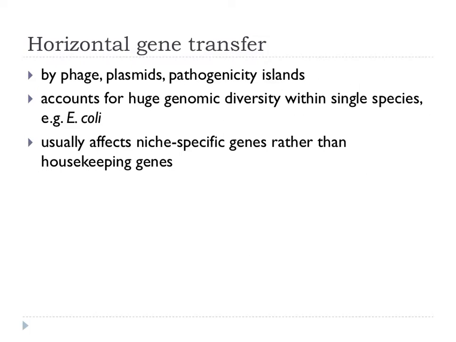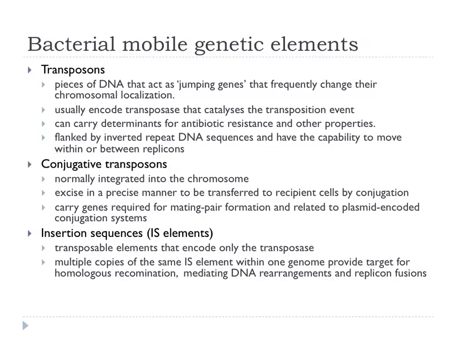So if we say all E. colis need to have a ribosome, all E. colis need to have RNA polymerase, and so forth, and all E. colis need to make components of their cell wall in the same way. But some E. colis might be adapted to one particular niche, the ones that want to cause urinary tract infections, let's say, or the ones that cause infection in the gut or invade and so forth. And those niche-specific genes are what we find in this horizontal component of the genome.